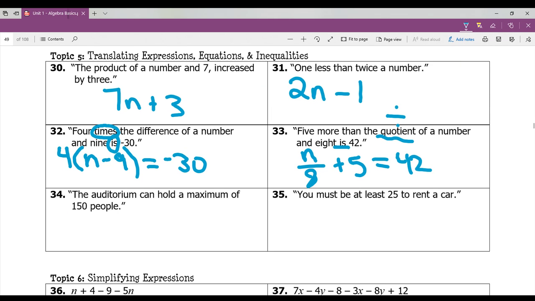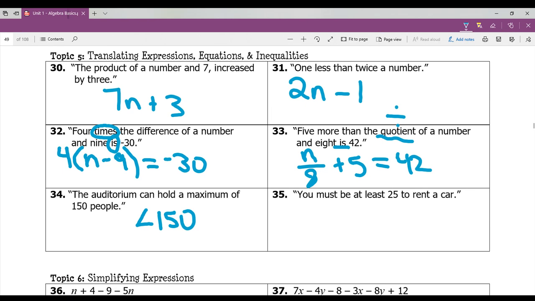The auditorium can hold a maximum of 150 people. So let's think about this for a minute. If it says maximum, that means you cannot go over 150. So we know we're talking about 150. You can't go over, so you need to be less than 150.